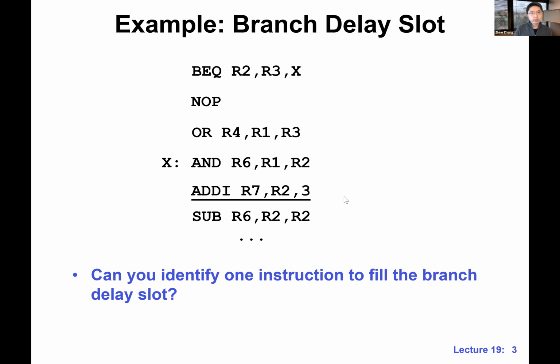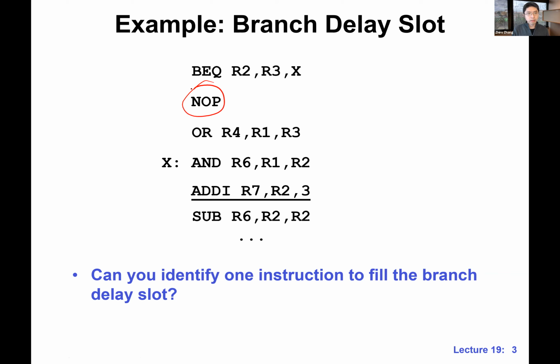We just talked about the branch delay slot, and this is the quiz that you did last time. I asked you to find one instruction to move to this delay slot to replace the nop. With a branch delay slot defined, this instruction is going to be executed unconditionally.